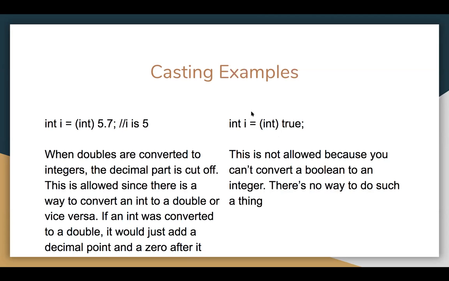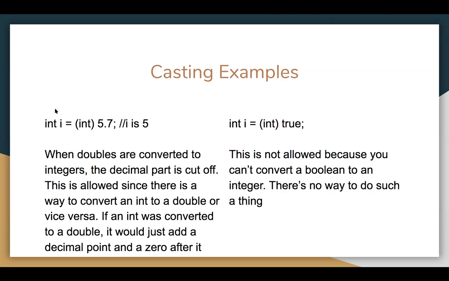Below, I say that this is not allowed because you can't convert a boolean to an integer. There's no way to convert true to an int no matter what you do. So basically, like I said before, the only thing you can do right now is convert from an int to a double or from a double to an int.